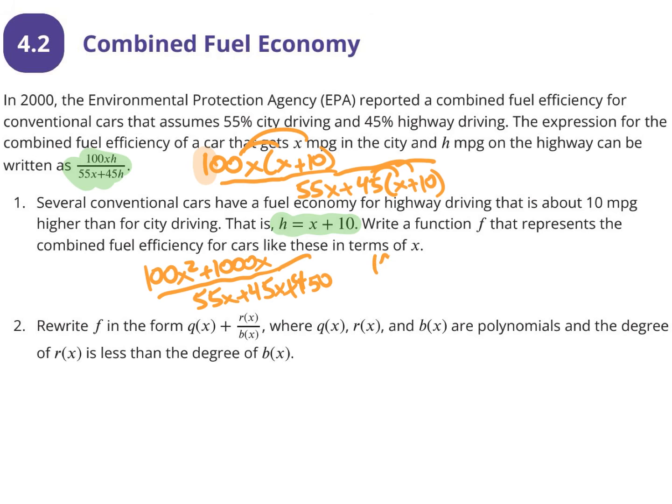That gives me 100x squared plus 1000x over 55 and 45 is 100x plus 450.